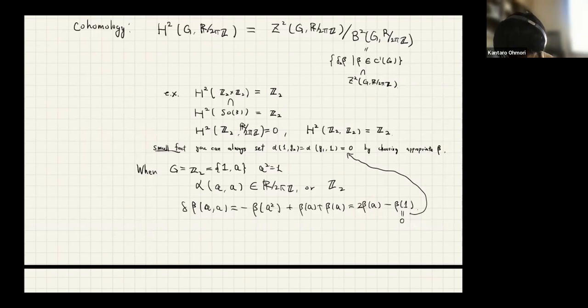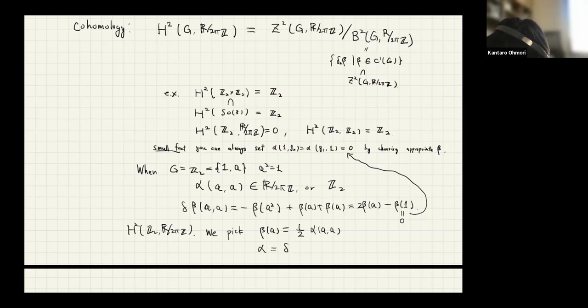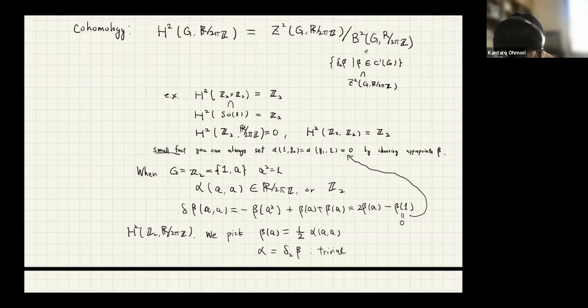For H2 of Z2 valued in R over 2 pi Z, we pick beta a to be half of alpha (a, a), then alpha equals delta 2 beta. So this is trivial for any alpha (a, a).